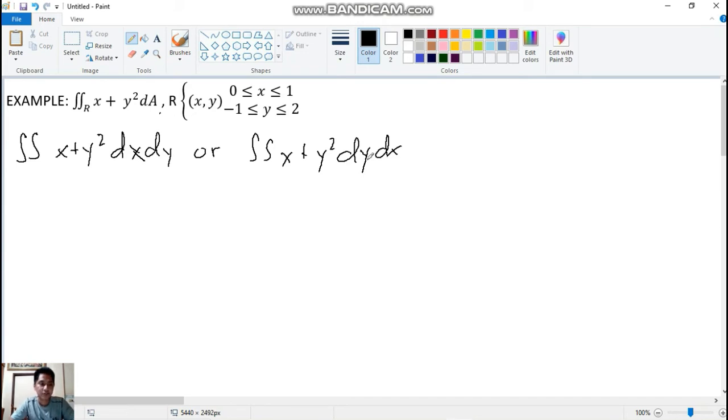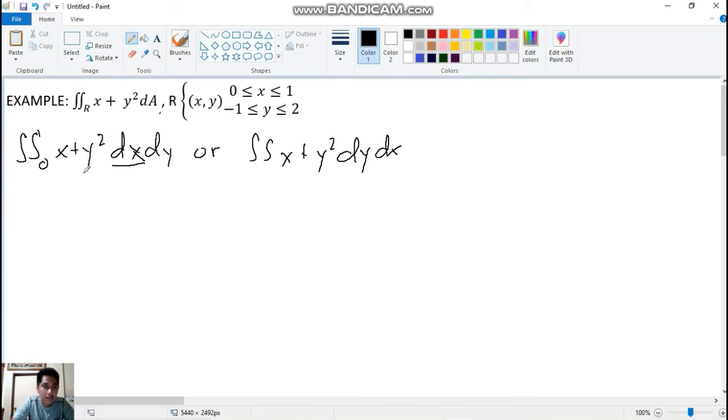There's a catch here. You need to remember that if you start with dx, you need to put the values of x in the innermost integral. So the values of x here are 0 and 1.